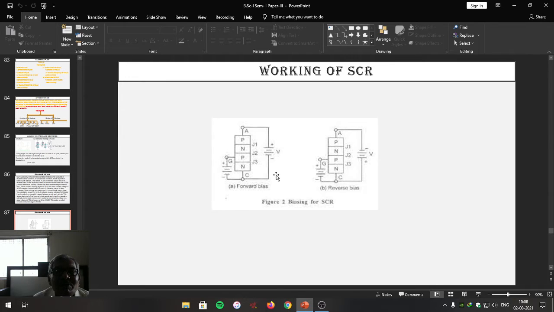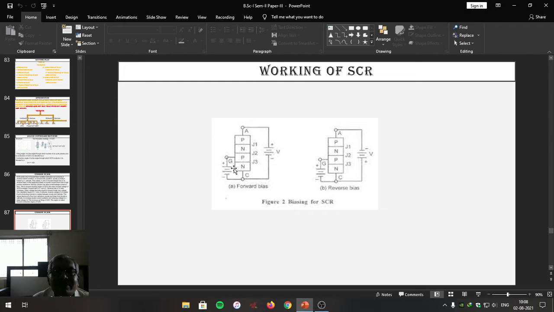For that purpose, a power supply VAK, or in general V, is connected between anode and cathode, so that anode is connected to the positive terminal of the battery and cathode is connected to the negative terminal of the battery, so that it is forward biased. Under this condition only the SCR works.